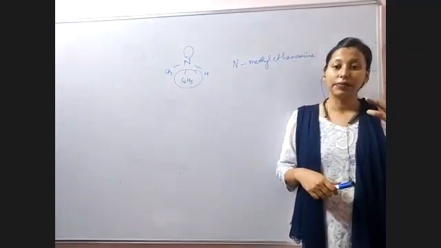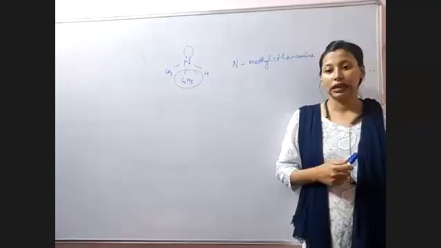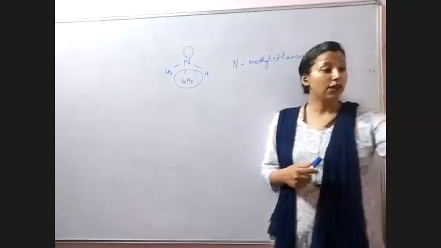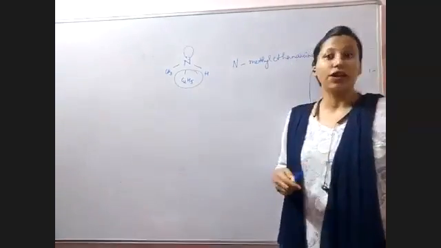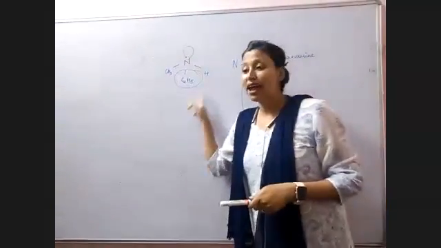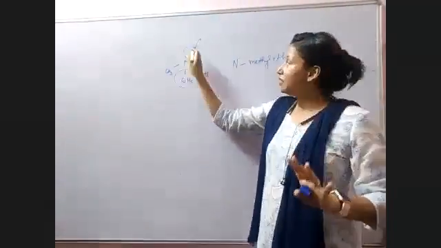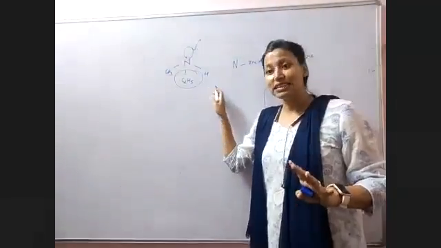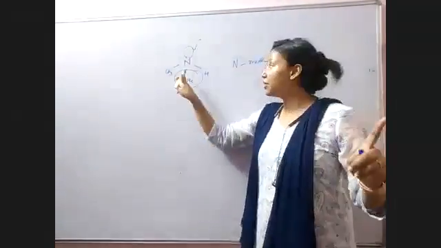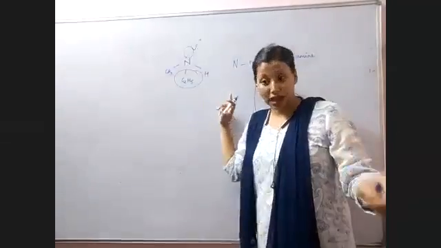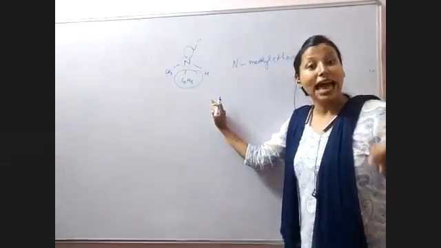Optical activity दिखाएगा. Why? Very good. All the 4 groups are different. Lone pair is one of them. This is A, B, C, D. So this particular nitrogen has 4 different groups attached to it.